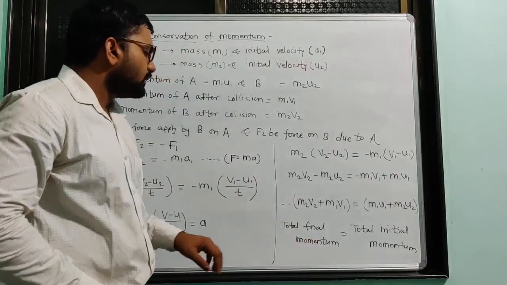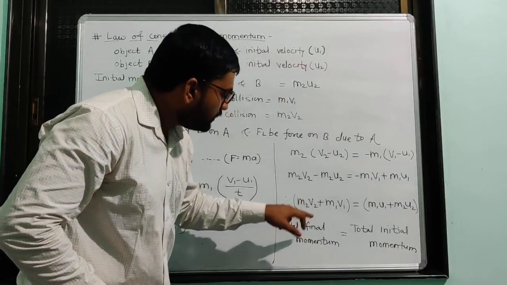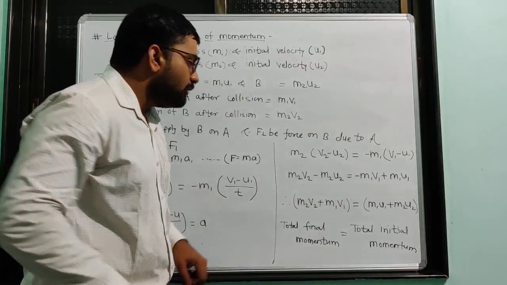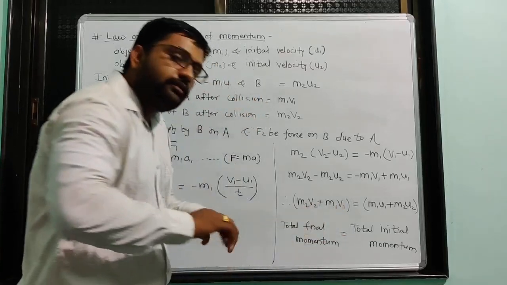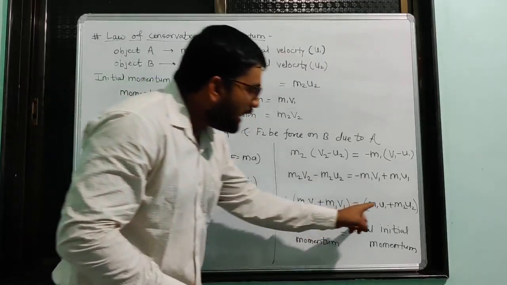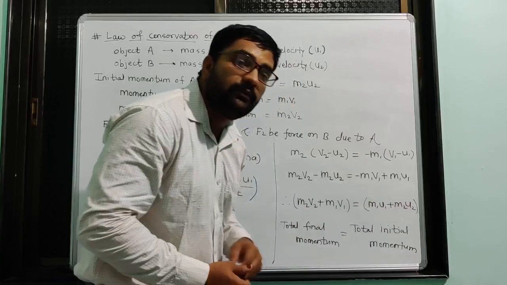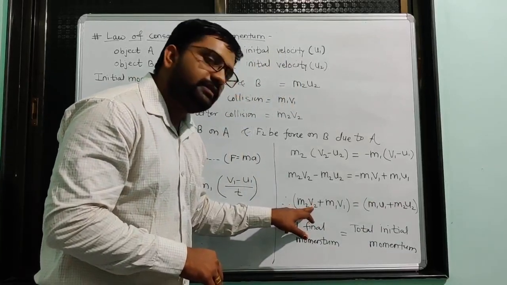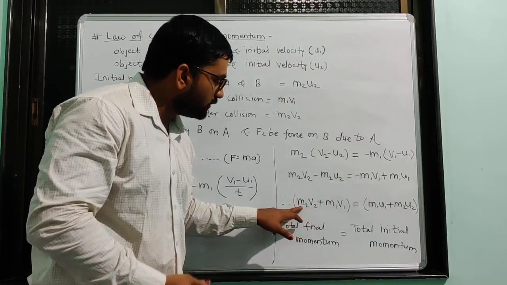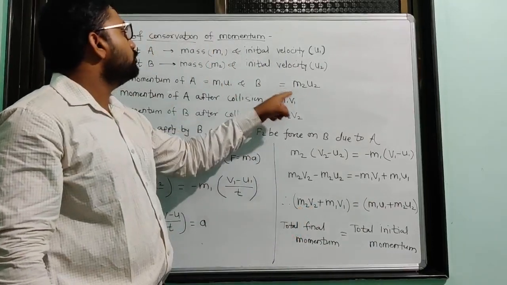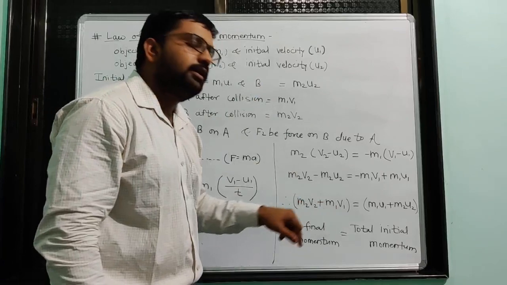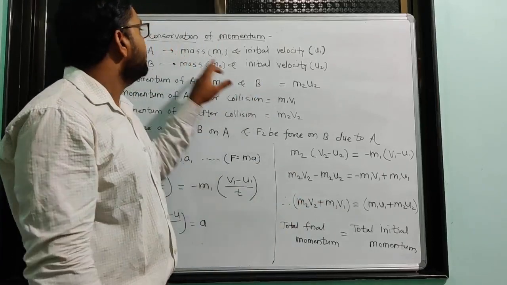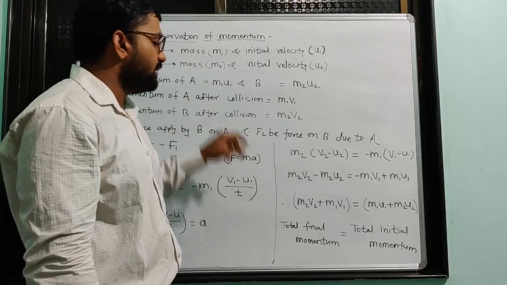Okay, so this is what? m2 v2 plus m1 v1. V is the velocity after collision, and u is the velocity before collision of both objects. V2 is the velocity of the second object after collision, which has mass m2, that is B, and v1 is the velocity of the first object after collision, that is object A of mass m1.